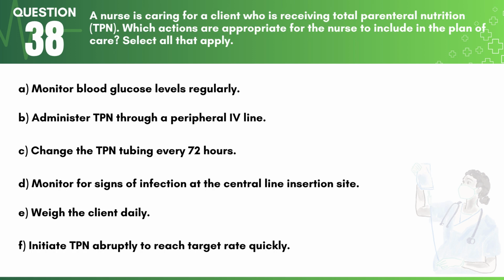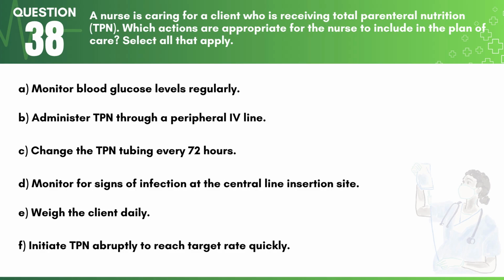Question 38. A nurse is caring for a client who is receiving total parenteral nutrition, TPN. Which actions are appropriate for the nurse to include in the plan of care? Select all that apply. A. Monitor blood glucose levels regularly. B. Administer TPN through a peripheral IV line.